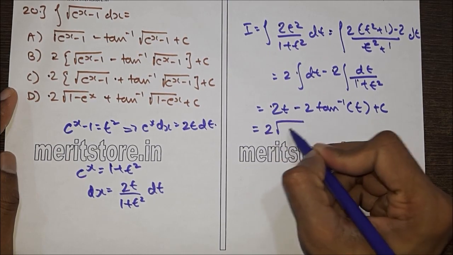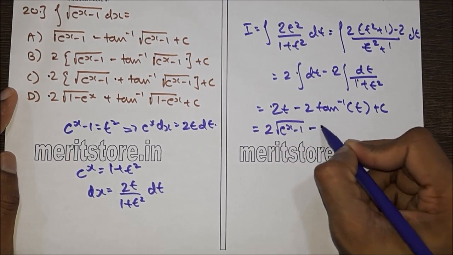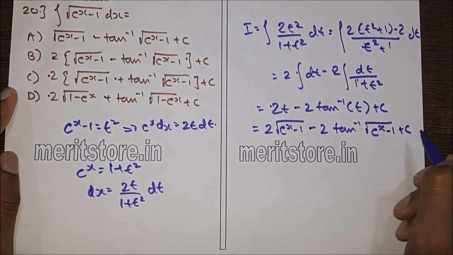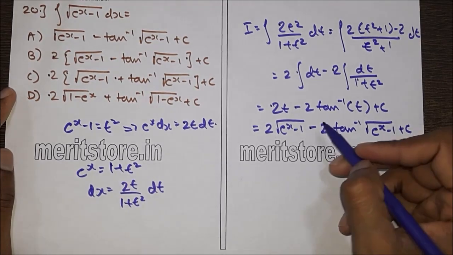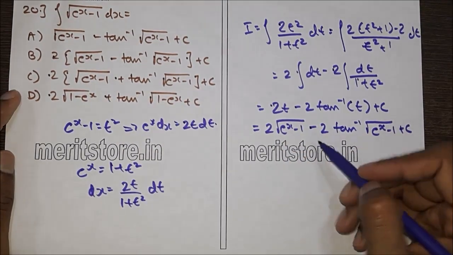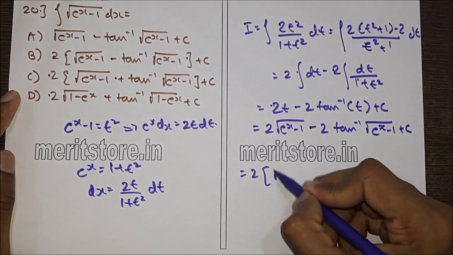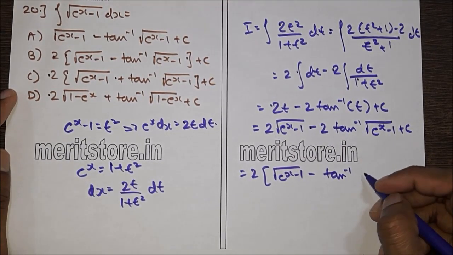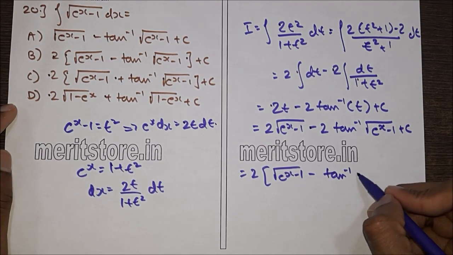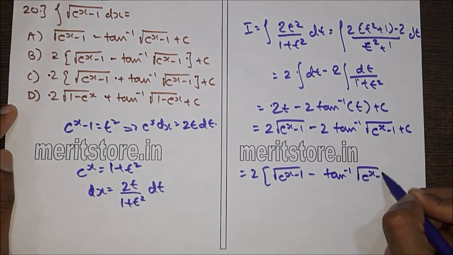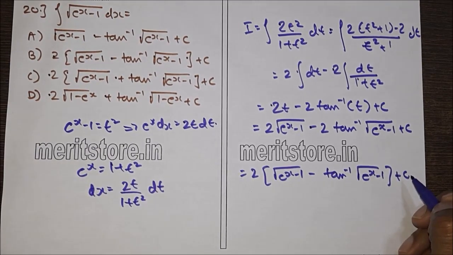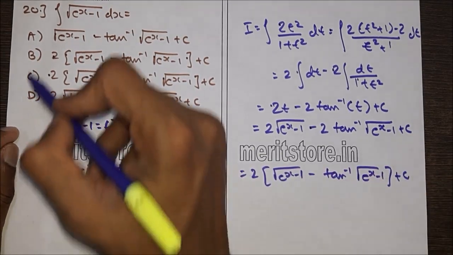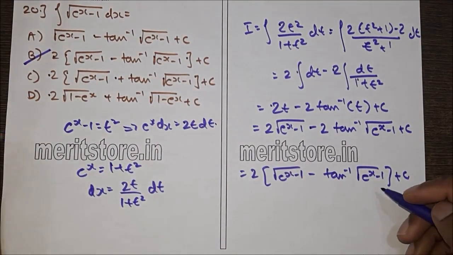So we get 2 under root e raised to x minus 1 minus 2 tan inverse of under root e raised to x minus 1 plus c. If we take 2 common, we get 2 times root e raised to x minus 1 minus tan inverse of root e raised to x minus 1, plus c. Therefore, we see option B matches with our answer. Therefore, option B is the correct answer.